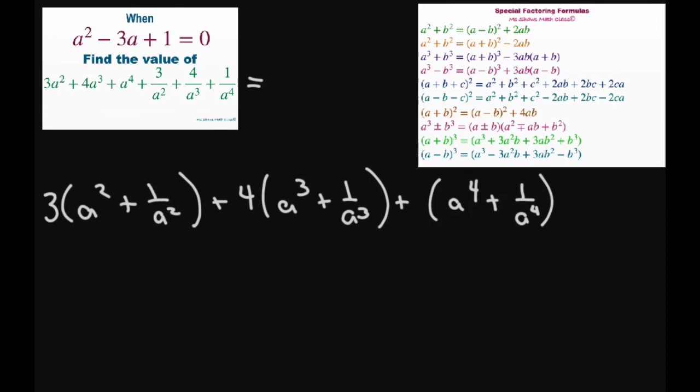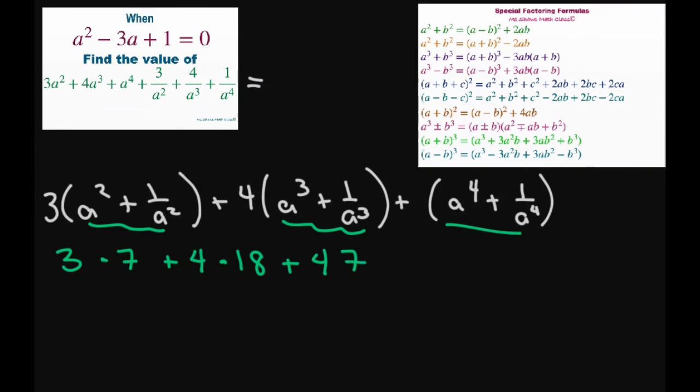All right, and all we do is substitute. So we're going to have 3 times 7, plus 4 times 18, plus 47. And we multiply and add, and we get the total of 140.